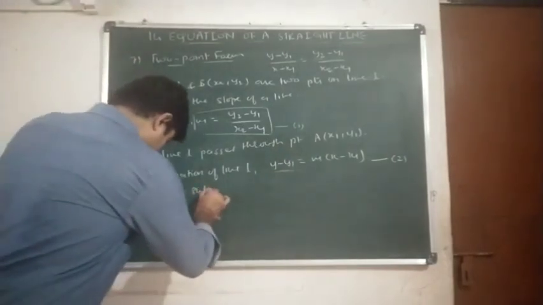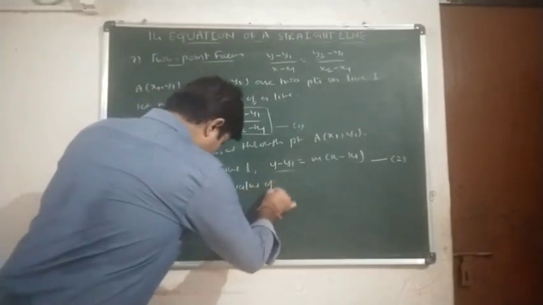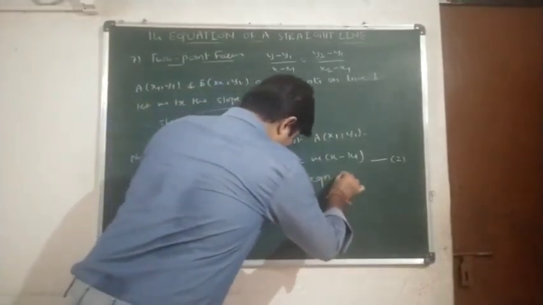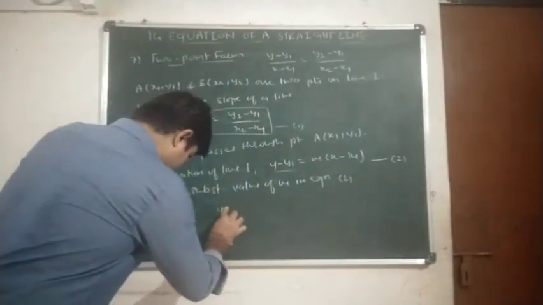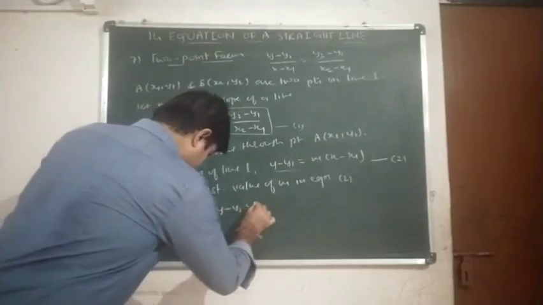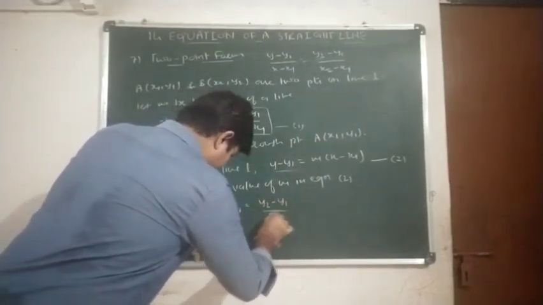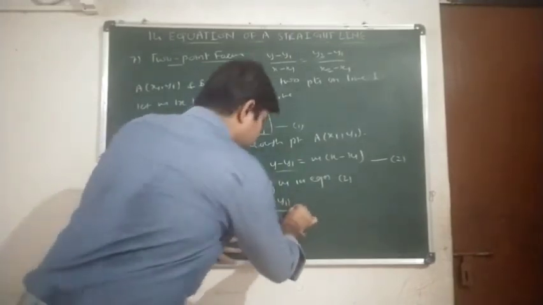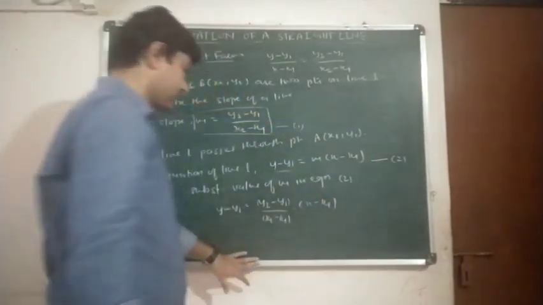Substituting the value of m in equation 2, we write y minus y1 is equal to, for m we put y2 minus y1 upon x2 minus x1, into x minus x1.